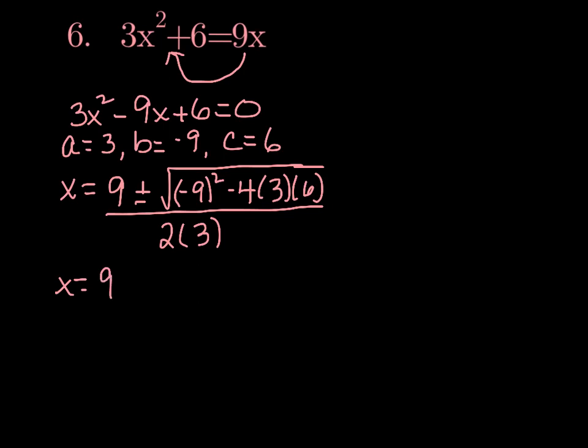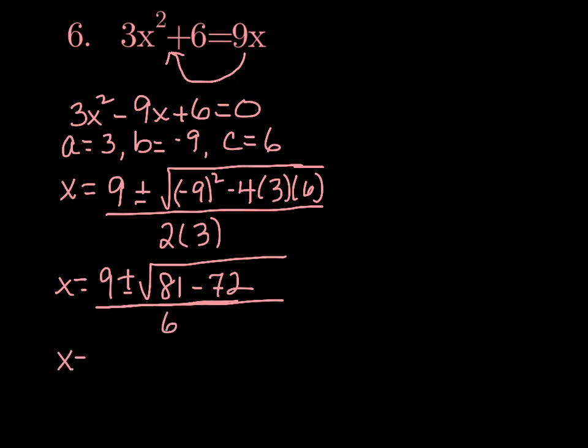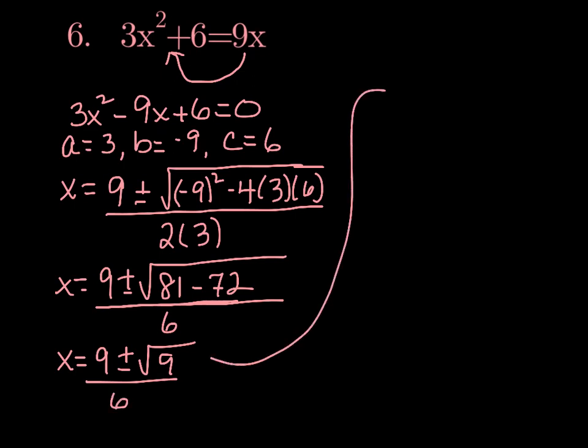So I've got 9 plus or minus 81 minus 72, and that whole thing is over 6. Which gives me x equals 9 plus or minus the square root of 9, that whole thing over 6. Okay, let's bring that up over on this side.